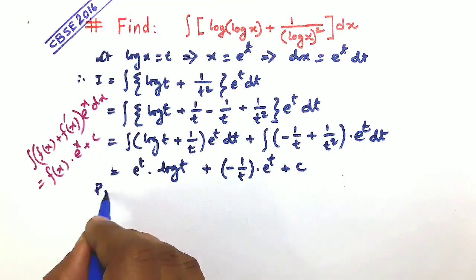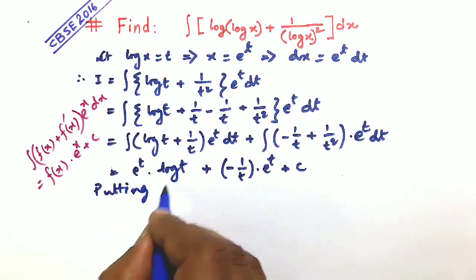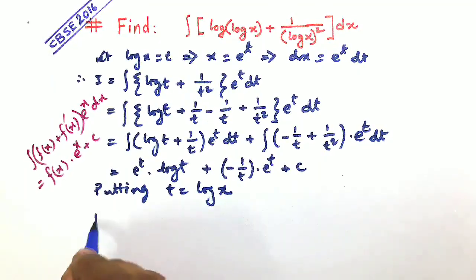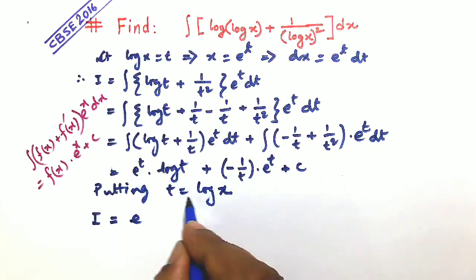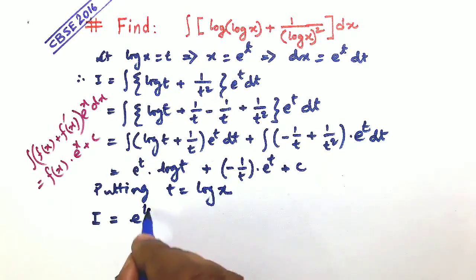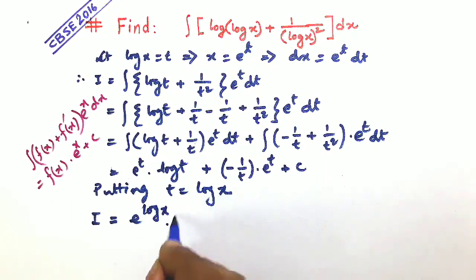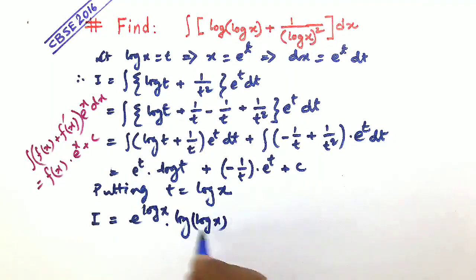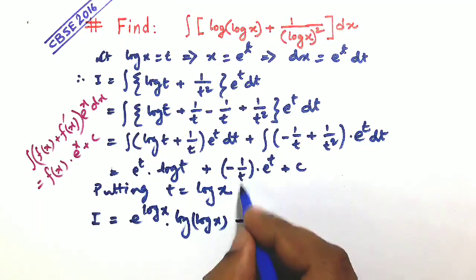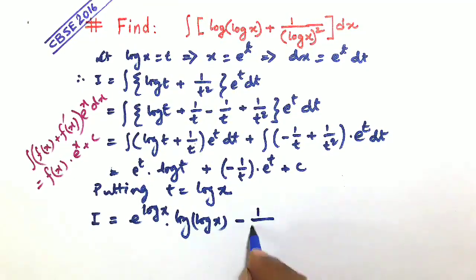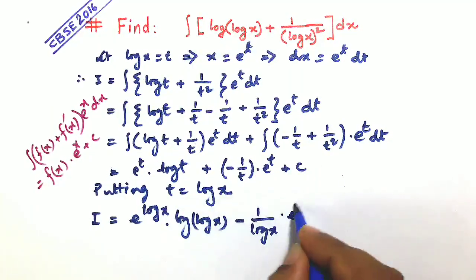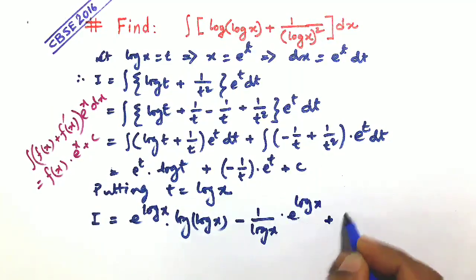So now, putting t is equal to log of x, we get I is equal to e to the power t into log t, where t is equal to log of x. So log of x into log of log x, minus 1 upon t means 1 upon log of x, into e to the power t means e to the power log of x, plus c.